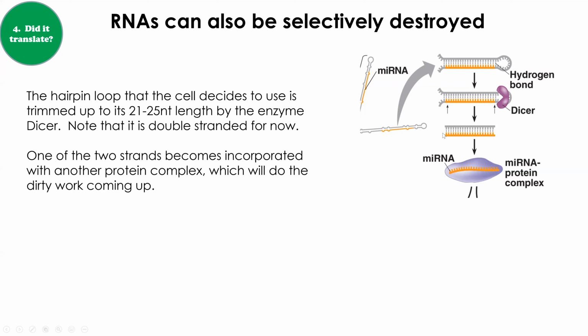Okay, so once we have our RNA ready to go, it's 21 to 25 nucleotides long, we take our one strand, and the cell knows which one it wants, and it becomes incorporated into this protein complex. So this protein complex is really going to do the dirty work, okay? So I think about it like this. This protein complex is kind of like a hitman, okay?